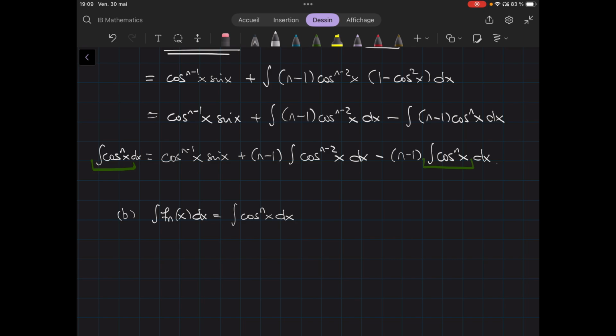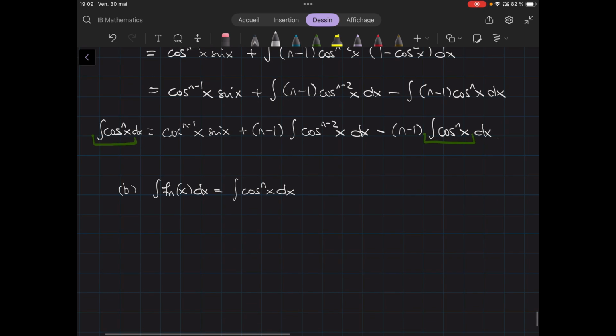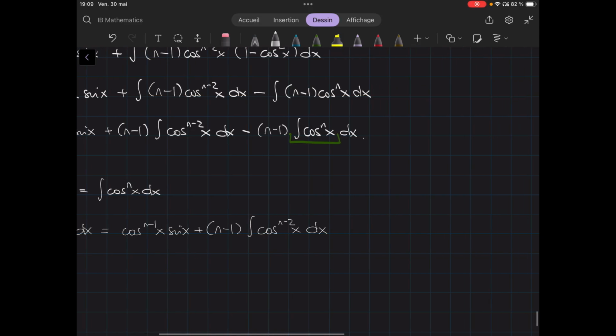That means we can combine them, we can bring them to the same side, and then divide by the constant to find this integral. This is very similar to what you did when integrating functions like e to the x cos of 3x, where you have to do integration by parts twice before you isolate the integral to write down the final answer.